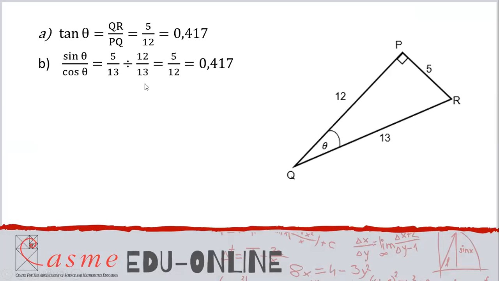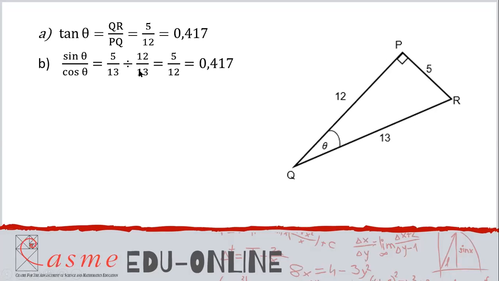The sine of theta is given by the opposite side divided by the hypotenuse. So it's 5 divided by 13. The cosine of theta is the adjacent side, which is 12 divided by 13. So sine theta divided by cosine theta can be written as 5 over 13 divided by 12 over 13.